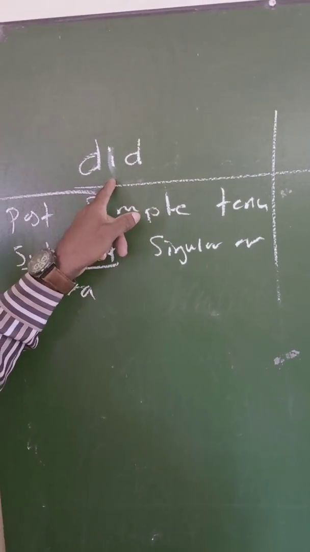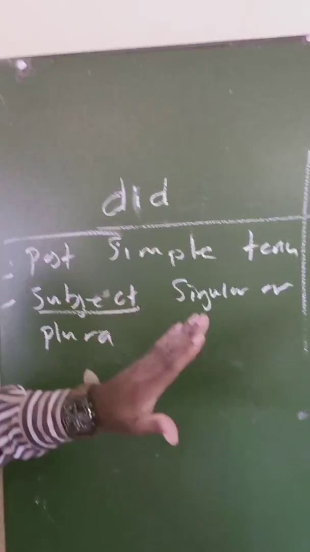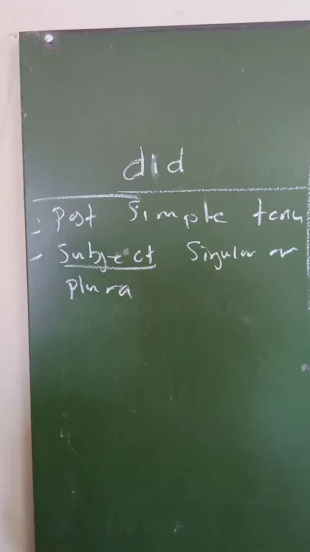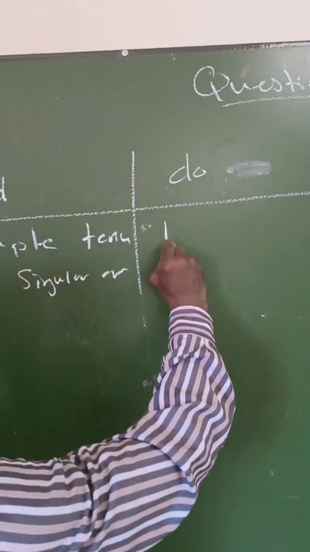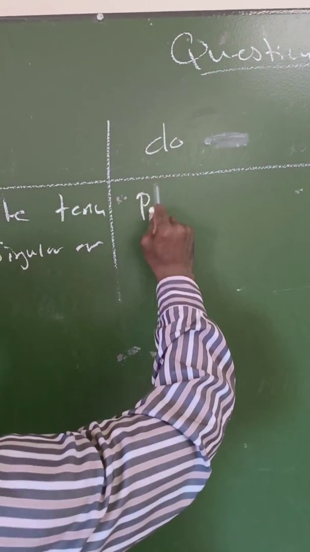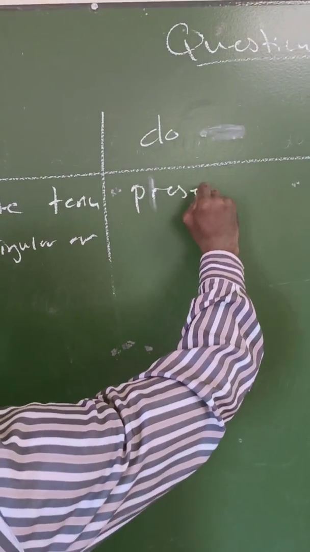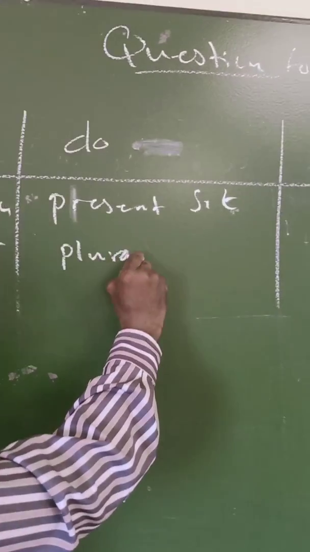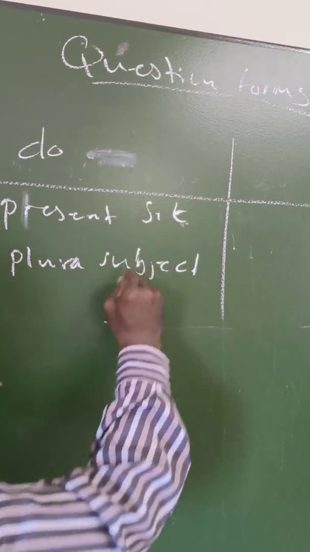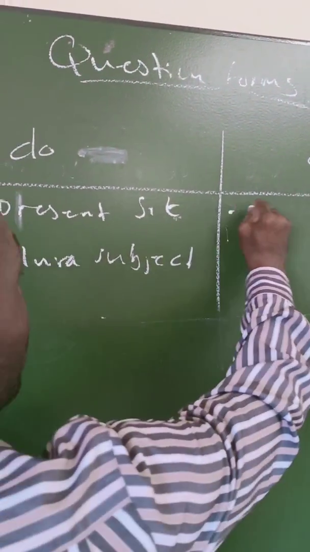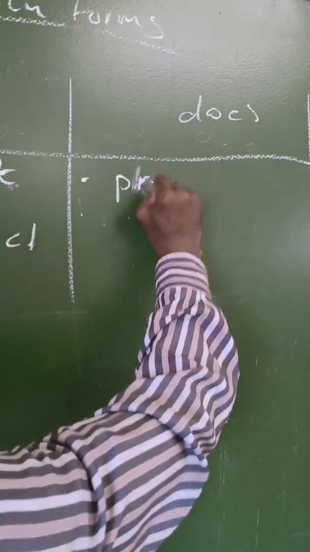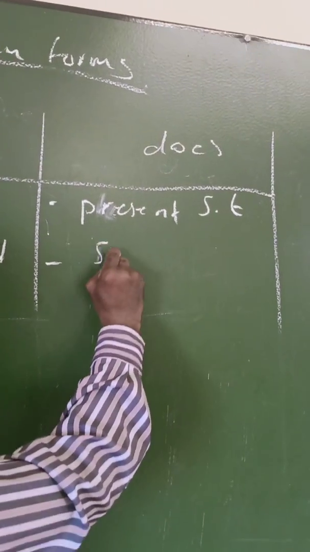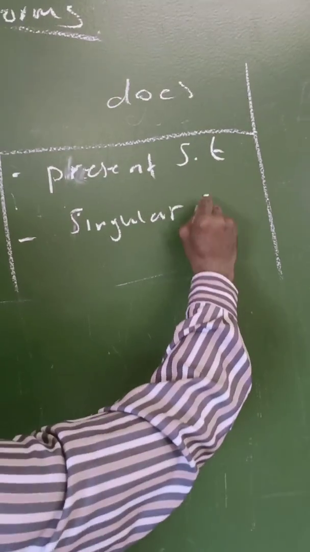You use did to ask a question if a sentence is in past simple tense with a singular or plural subject. You use do to ask a question if the sentence is in present simple tense with a plural subject. And you use does to ask a question if the sentence is in present simple tense with a singular subject.